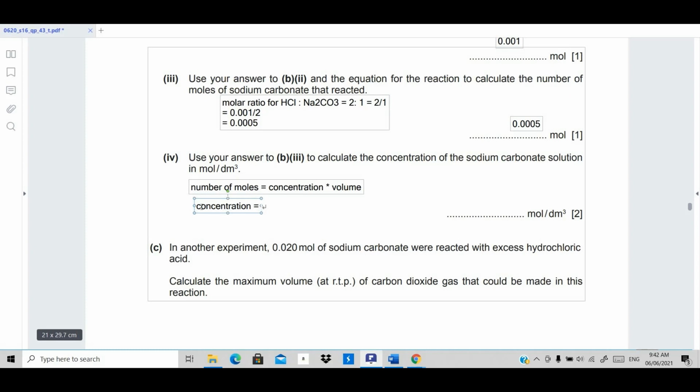Actually, there were not two equations, but because I didn't know whether the volume was given or not, and the volume was given, we'll use only one equation. So concentration equals moles over volume.